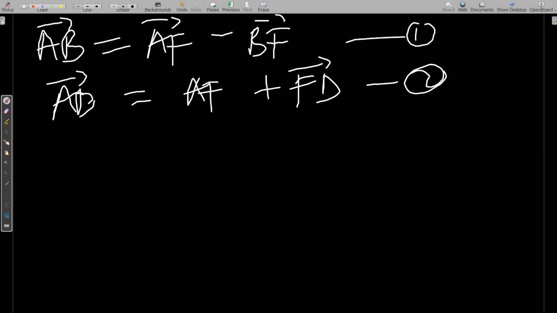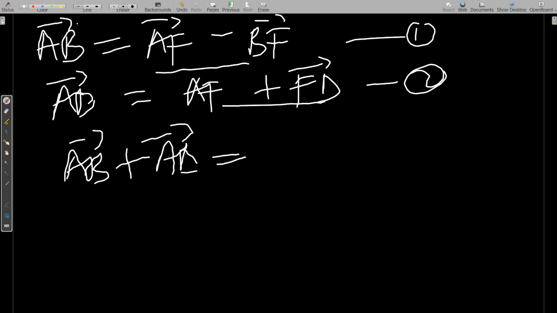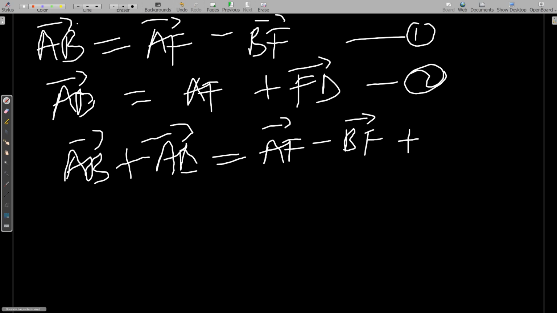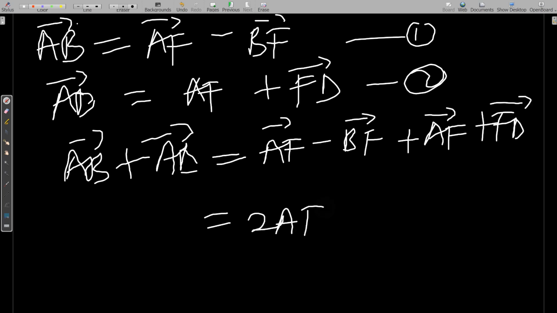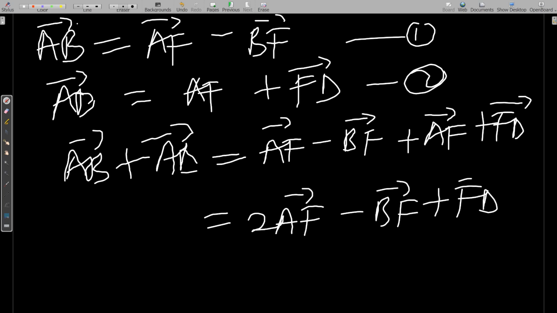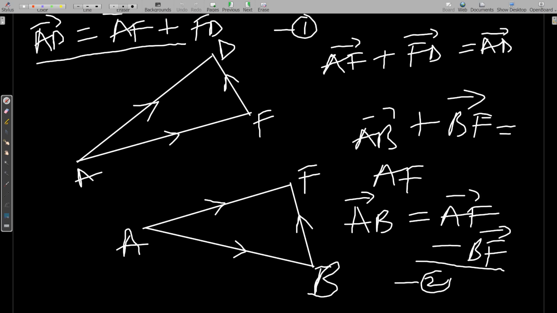If I sum these two equations, I have to sum the left side, then come back and sum the right side. So AB plus AD should be equal to AF minus BF plus AF plus FD, and this will be equal to 2AF minus BF plus FD. Now let's look at something here in the diagram.